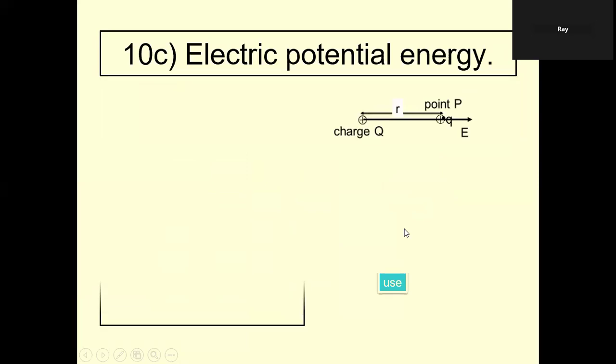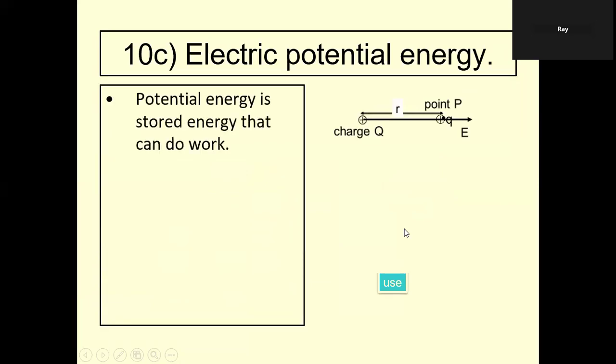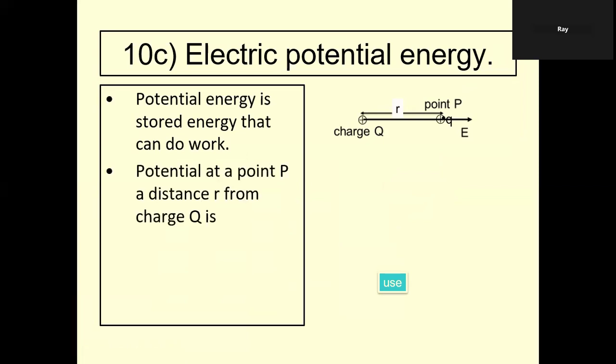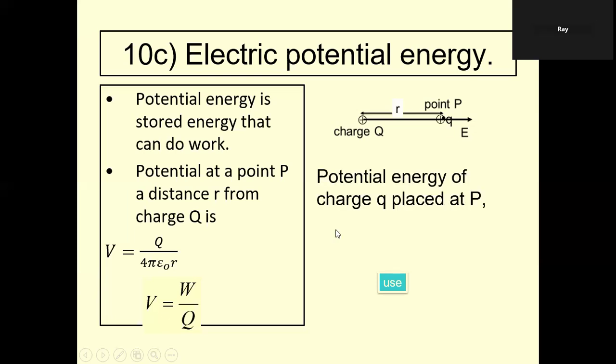Electric potential energy. Know how to use the formula? Electric potential energy is stored energy that can do work. Potential at point P, the distance r from Q, is given by this equation, due to this charge. We are just using our definition of potential difference.